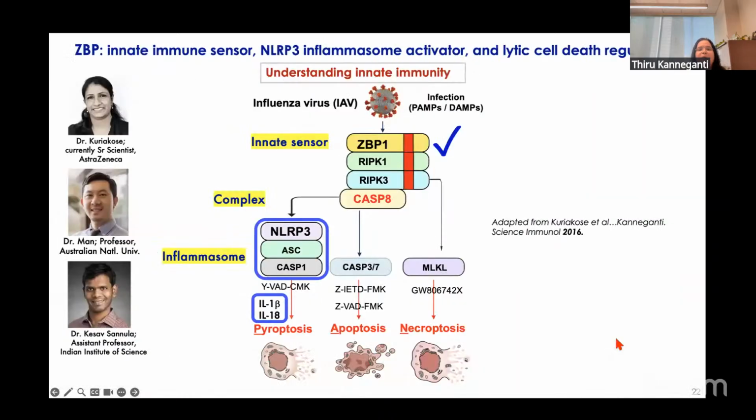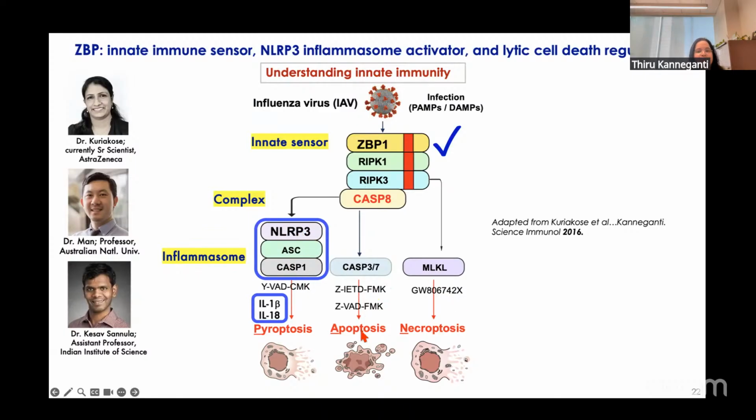Overall, this study discovered for the first time that ZBP1 is an innate immune sensor sensing nucleic acids or the damage done by influenza virus. Once ZBP1 is upregulated, it forms a multi-protein complex where inflammasomes are integral for driving IL-1 beta and IL-18. But the cell death is not pyroptosis or necroptosis.